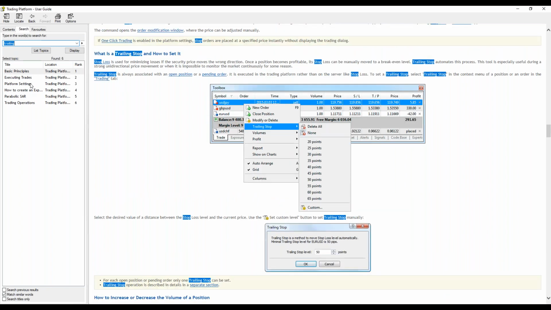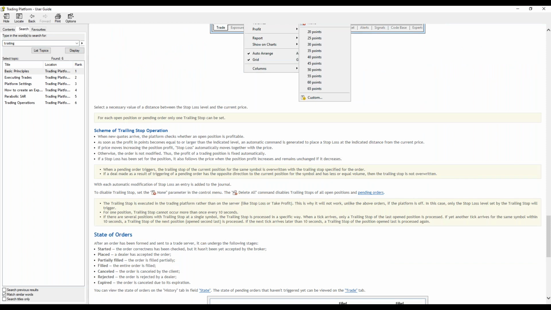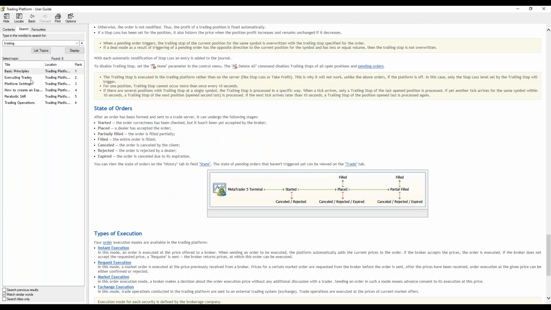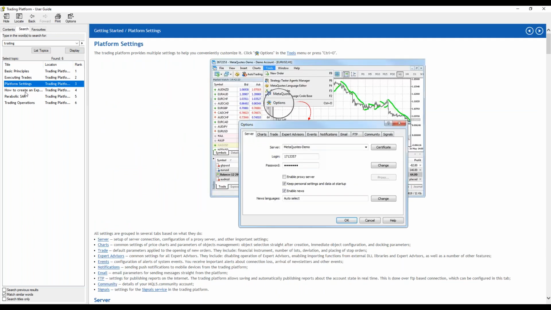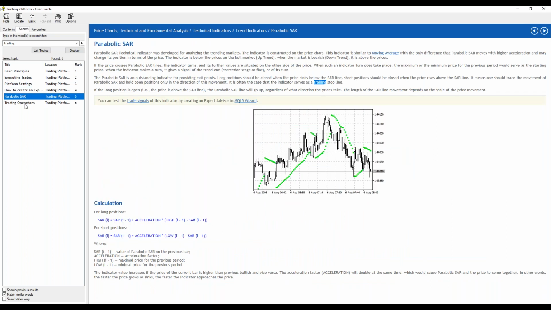So for each open position or pending order that you have, you can use trailing stops. I think that was pretty much it.